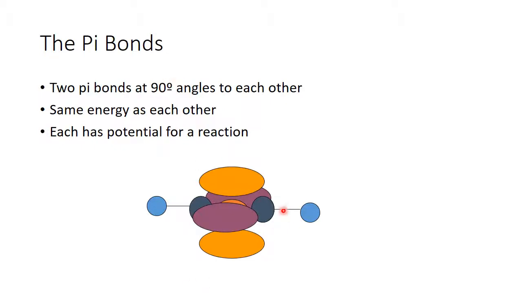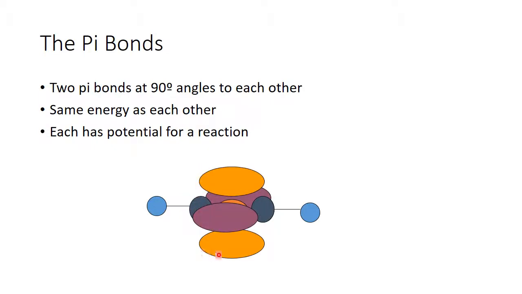The pi bonds are at 90-degree angles to each other. Because there's a leftover p in the plane, and then a leftover p coming directly out at you at 90 degrees to the page and 90 degrees from the carbon-carbon bond axis, you will have those two p's.